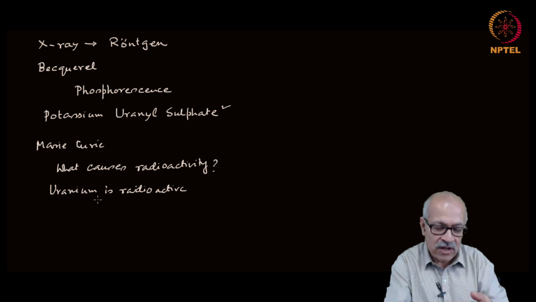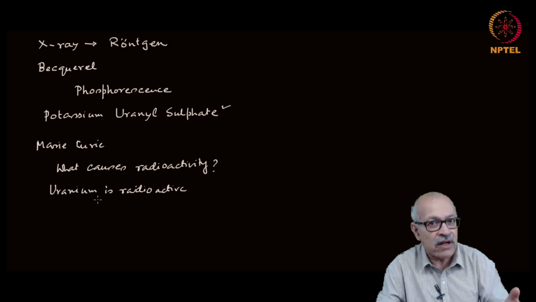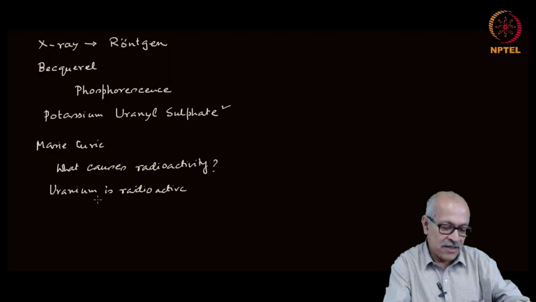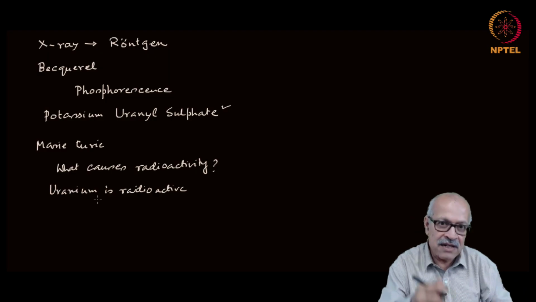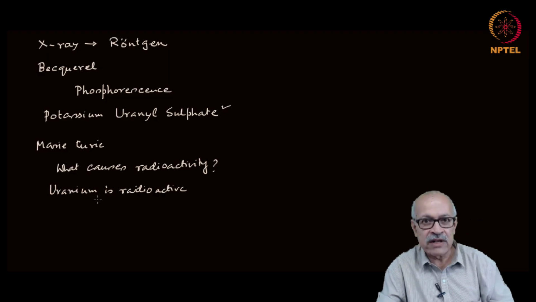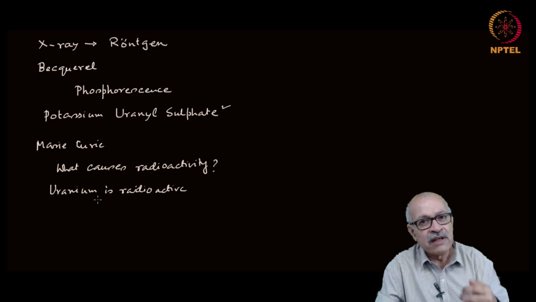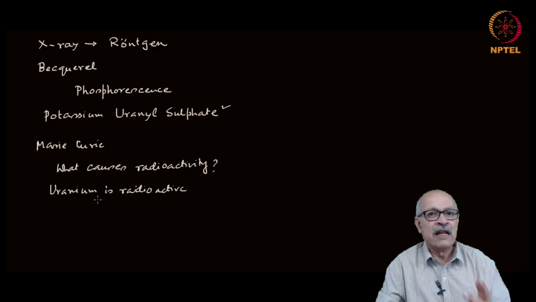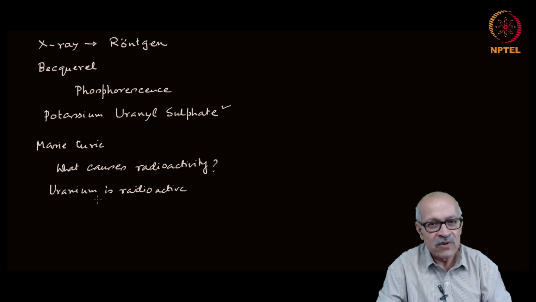So, she got a few minerals that are radioactive, she isolated the individual compounds in them, and then she tested each compound and found that the compounds are not radioactive unless they contain either of two different elements, uranium or thorium.